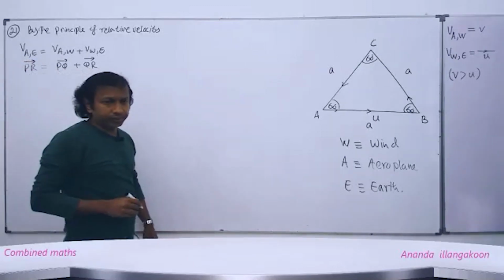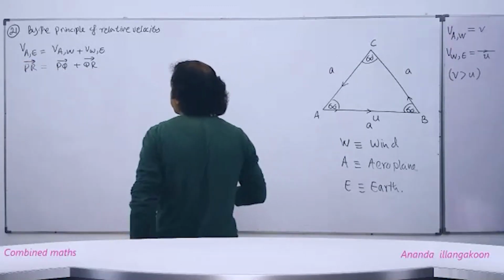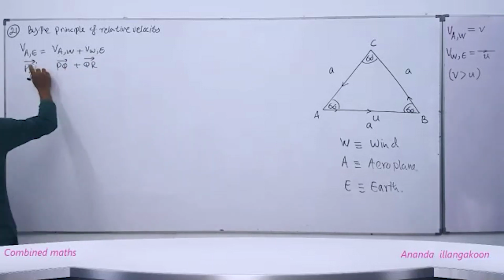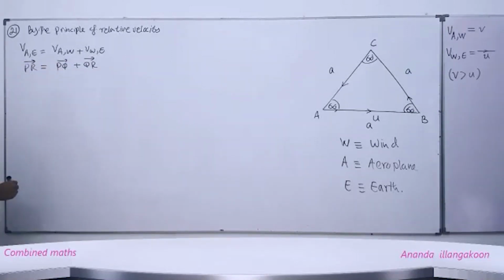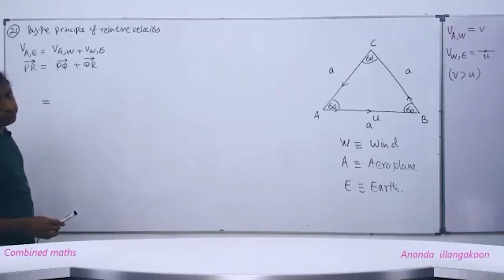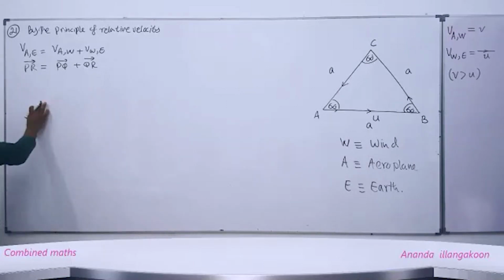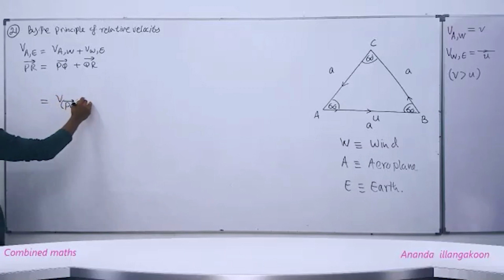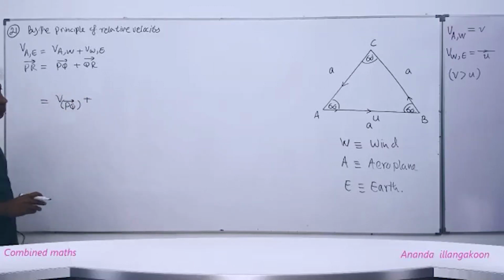Velocity of aeroplane relative to the wind. Velocity of aeroplane relative to the wind is v.